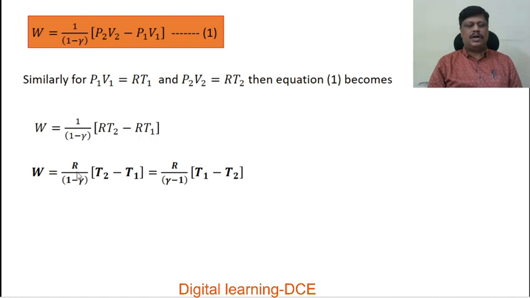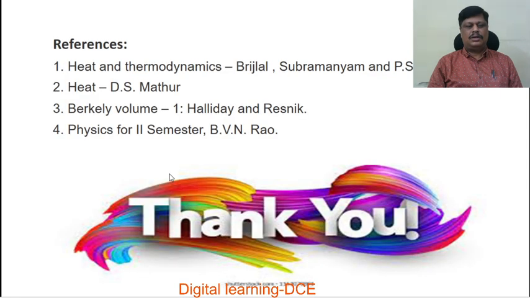Work done is equal to R over 1 minus gamma into T2 minus T1. Replacing the 1 minus gamma with the minus sign, we get R over gamma minus 1 into T1 minus T2. So these two are the expressions for work done during an adiabatic process in different forms. One is in terms of pressure and volume, the other is in terms of temperature and R.